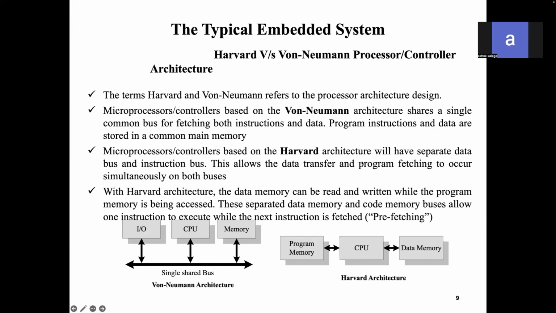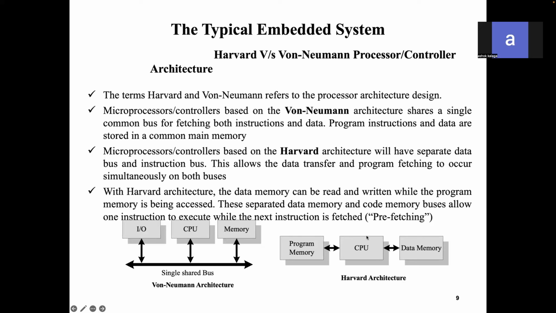If it is a Harvard architecture, it will have a separate data bus and instruction bus. That means there are two separate buses, one for program memory and one for data. There is a bus between the CPU and the program memory, and there is a bus between the CPU and the data memory. With the Harvard architecture, the data memory can be read and written while the program memory is being accessed. So the CPU can simultaneously access both program and data memories.